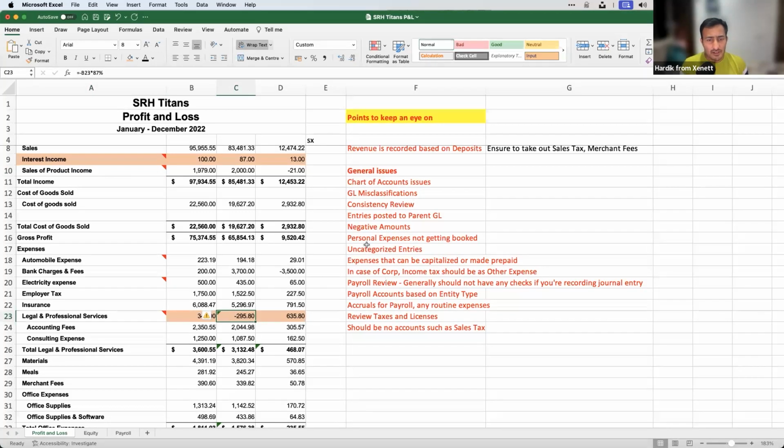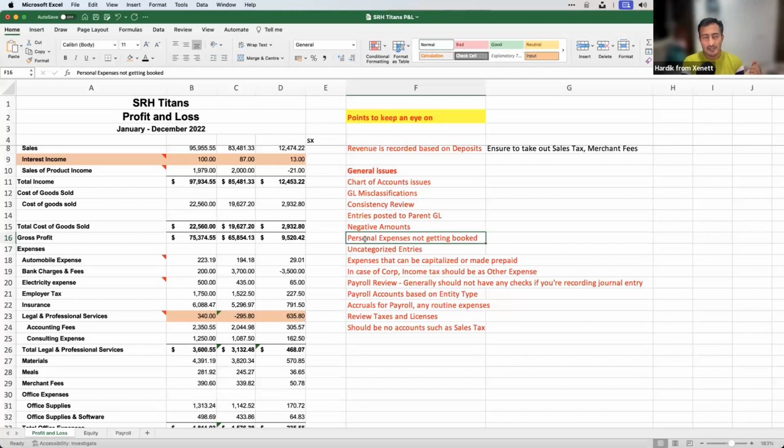Something else I also check is personal expenses. Especially with partnership or Schedule C clients, sole proprietors, we've often seen personal expenses get booked as business expenses.